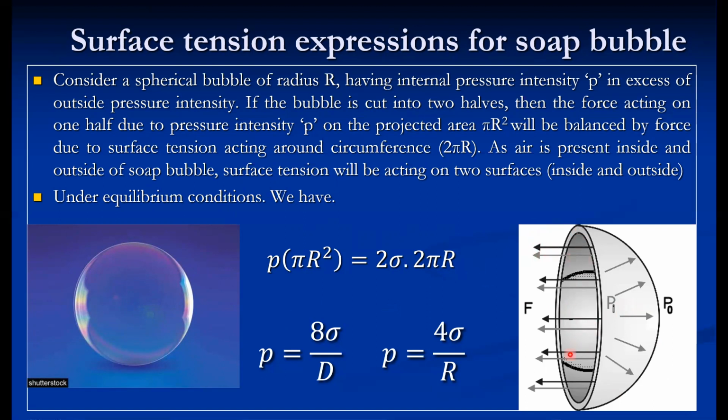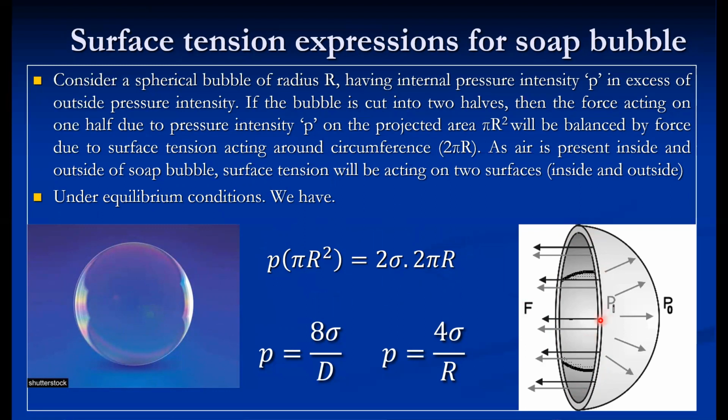One is the black arrows, acting on the outer surface, and the remaining gray arrows are acting at the inner surface. So there are two surface tension values. The force due to internal pressure remains the same, and only the surface tension term changes.